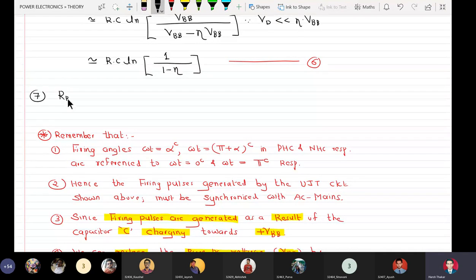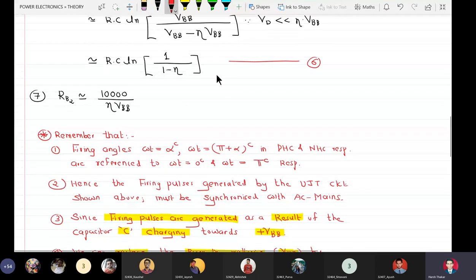So the discharge resistor RB2 is approximately equal to 10,000 upon eta into VBB.